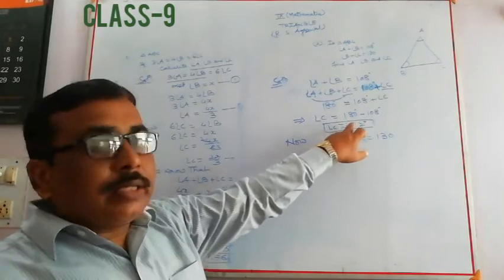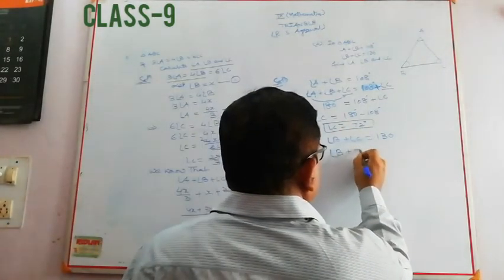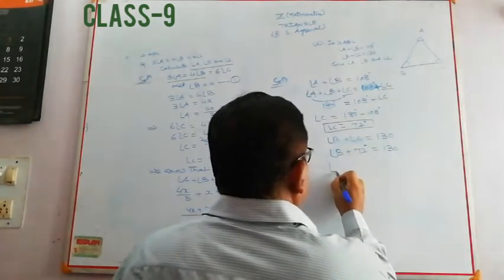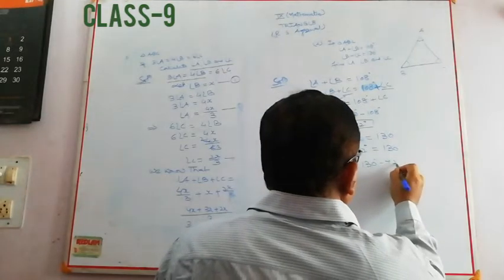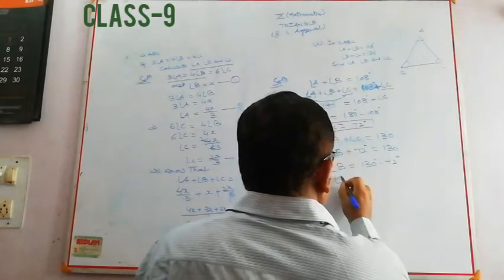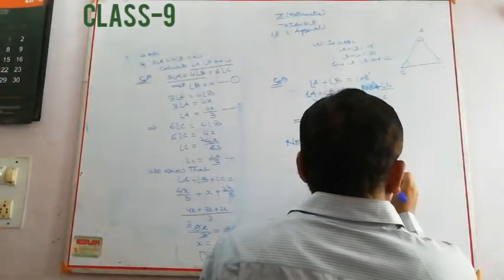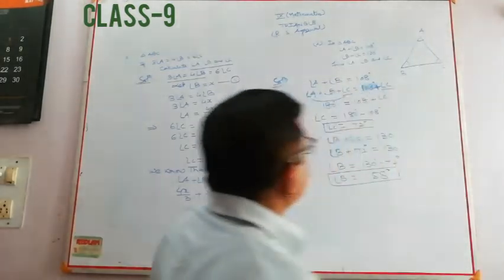Angle C is equal to what? The 72 degree. Right here, the angle B plus 72 degree is equal to 130 degree. Angle B is equal to what? 130 degree minus 72 degree. Angle B is equal to what? 58 degree. I find the angle B.